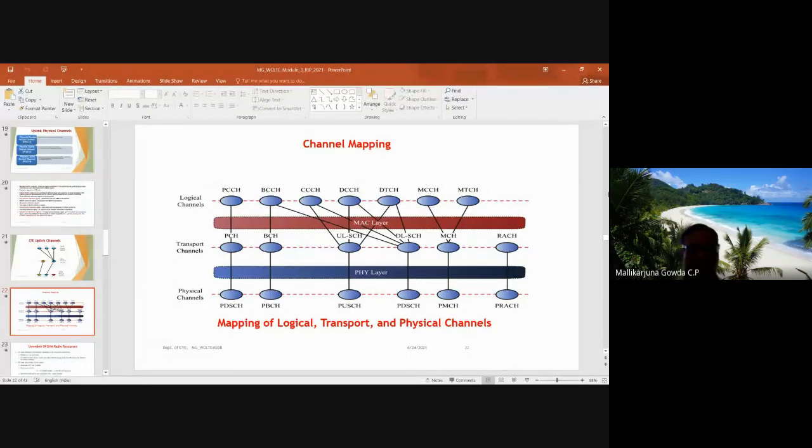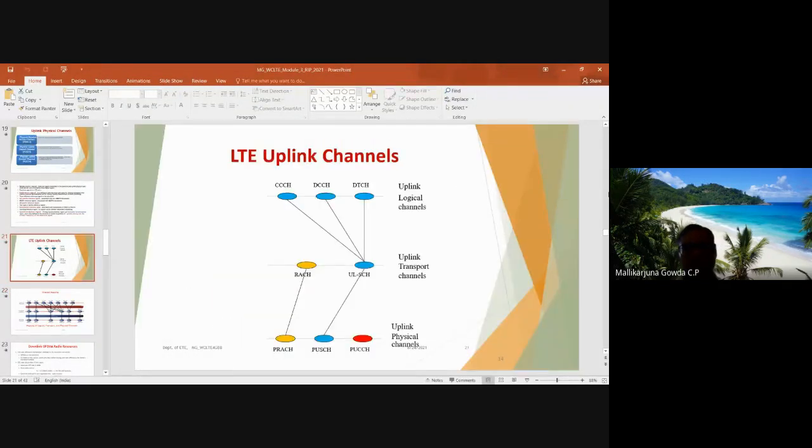So the uplink logical channels are these three: common control channel, dedicated control channel, and the dedicated traffic channel. All these three channels are mapped to the uplink shared channel with respect to the transport channels. And this uplink shared channel is in turn mapped to the physical channel, that is the physical uplink shared channel.